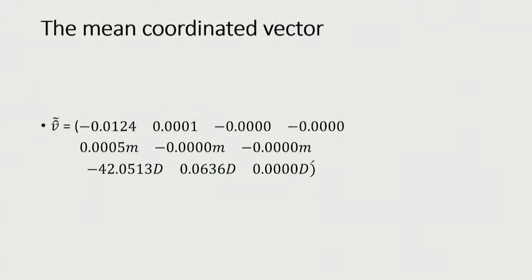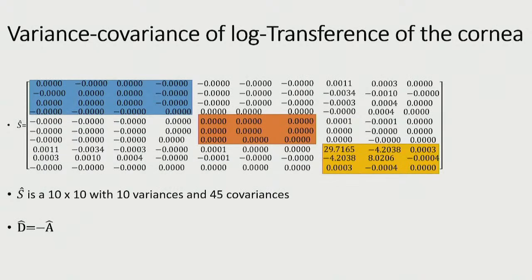And then we can get the mean coordinated vectors. This mean coordinated vector is similar to the final mean of the Hamiltonian matrix. And then these are the variances, and all those numbers are in there. It's because the cornea is so thick.